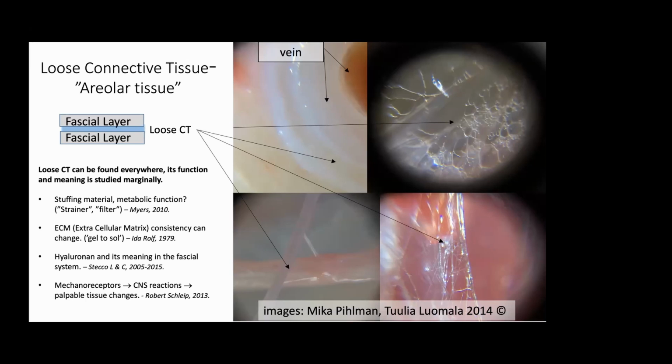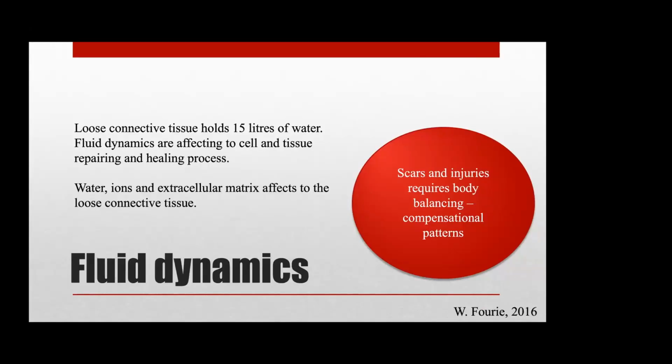And the Stecco family has been talking about the hyaluronan and its meaning in the fascial system. Robert Schleip is talking more about the mechanoreceptors and how the central nervous system is reacting and how we are having palpable tissue changes. We are looking at those in a while.